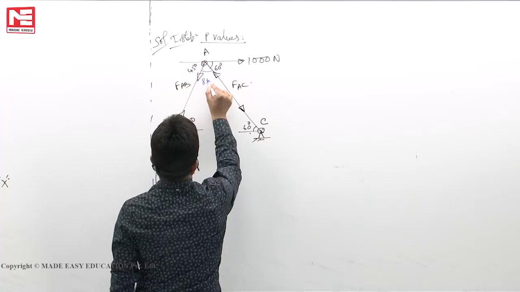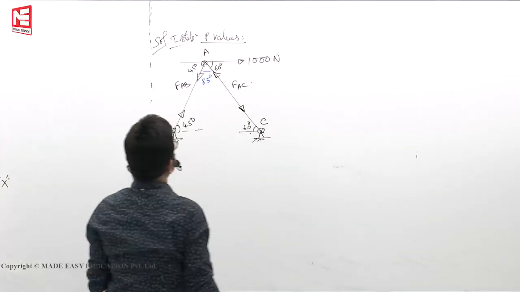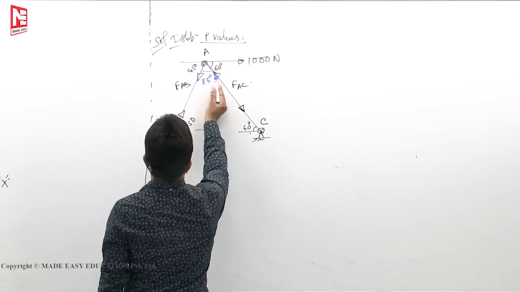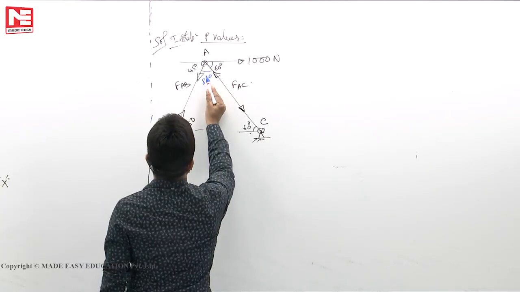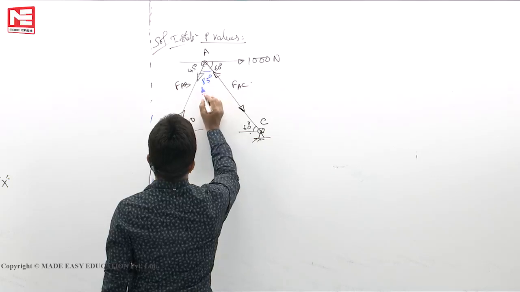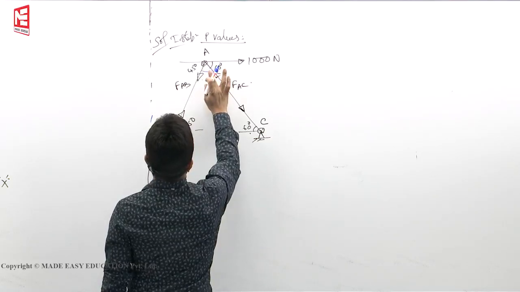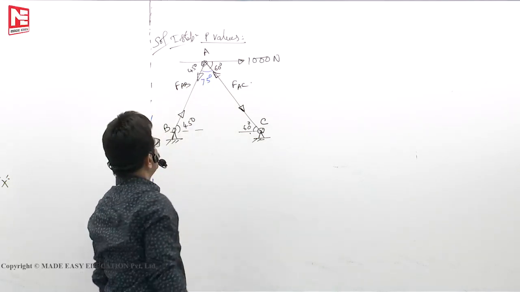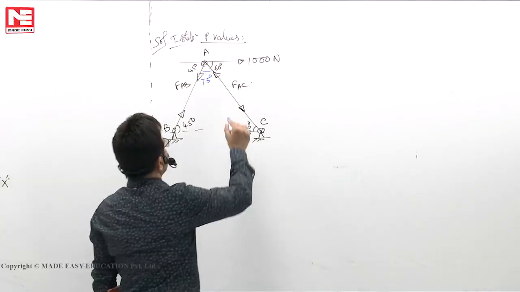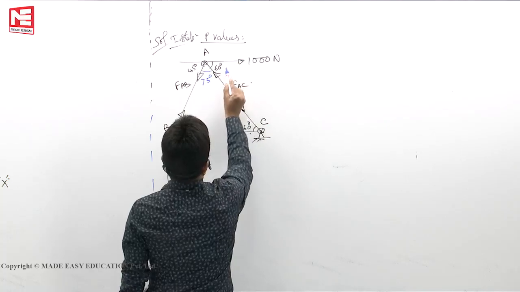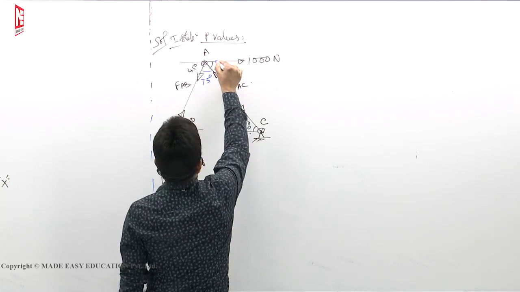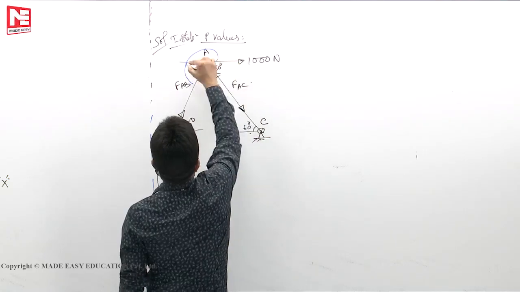So this is 75. 30 plus 45 is 75. Total 180 degrees: 60, 105, and 75 degrees. Now, if you take this force and this angle is 60 degrees, 75 degrees, this angle we can find.